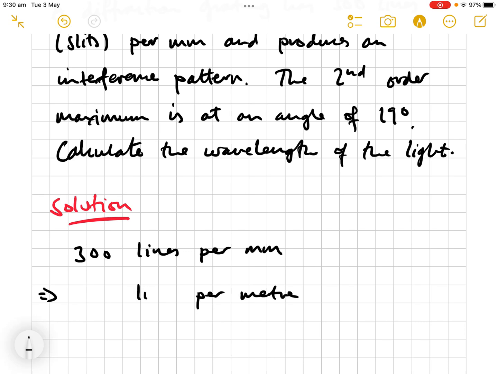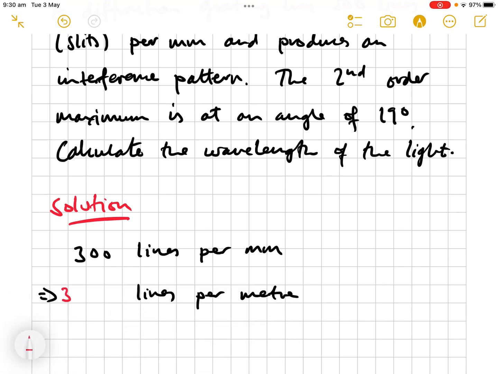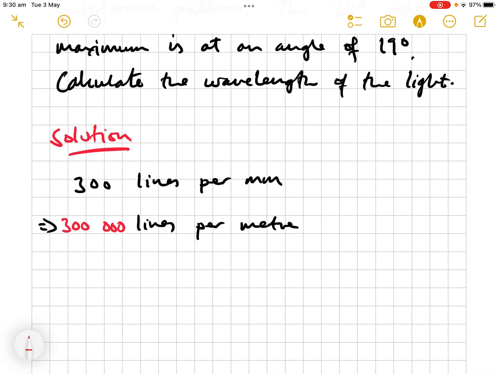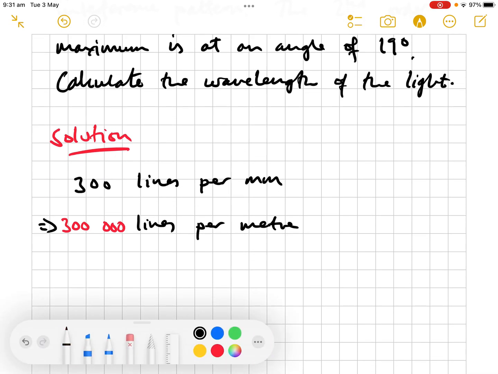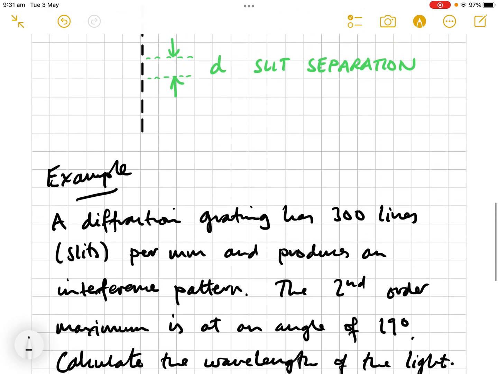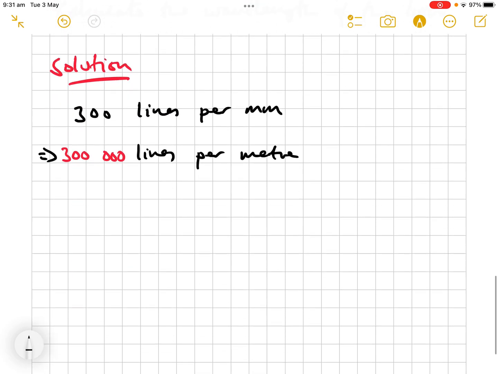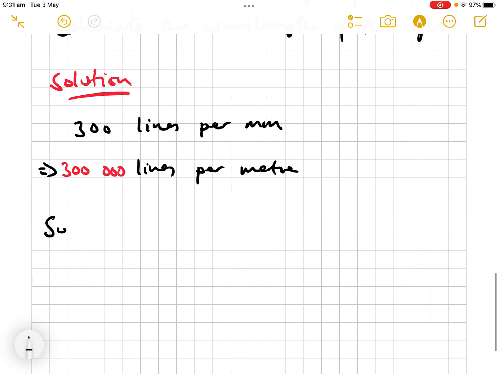Well, 300 lines per millimetre. There are 1,000 millimetres in a metre, so that's 300,000 lines per metre. But be careful, that is not d. d is the separation of the lines or slits. So to get d, you basically take 1 over that.